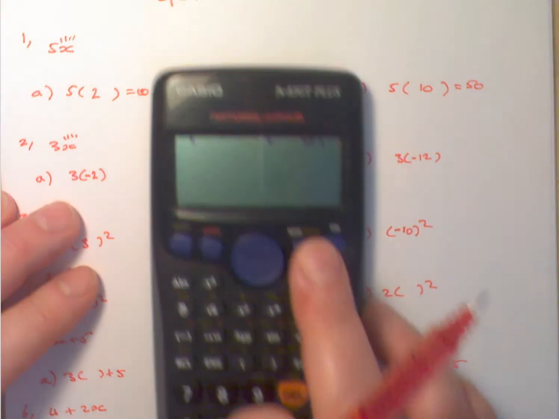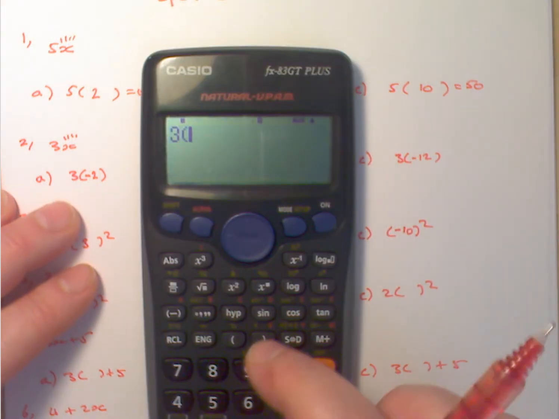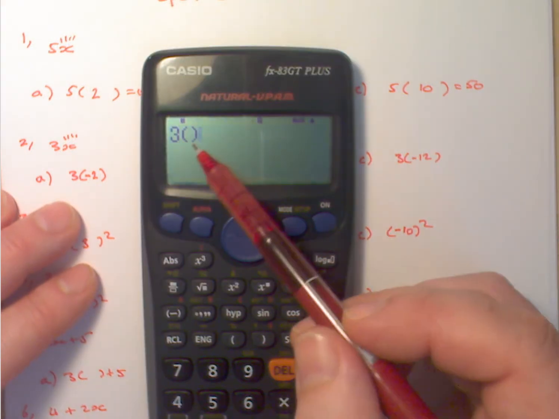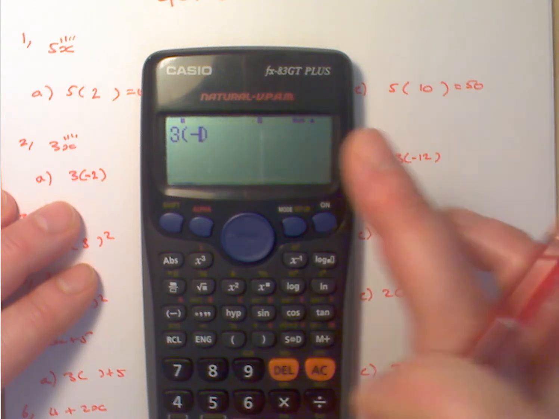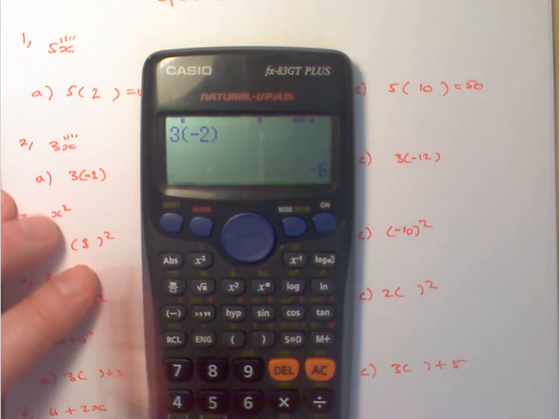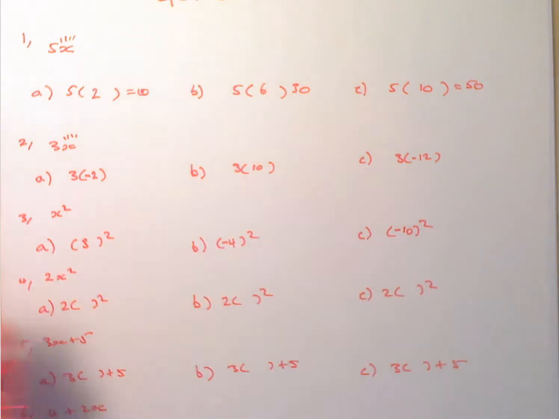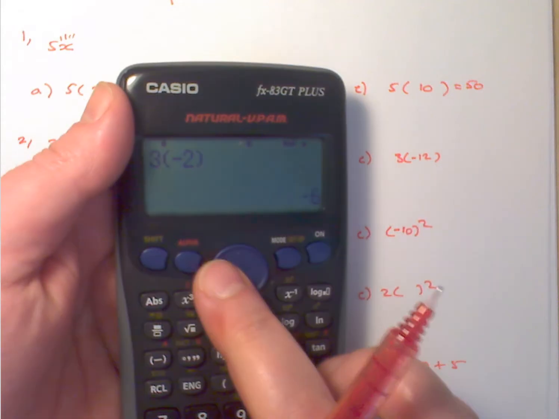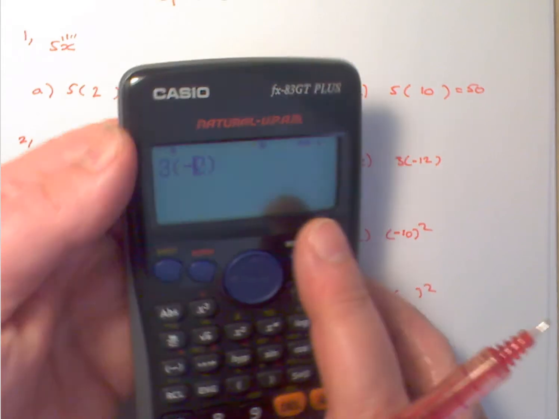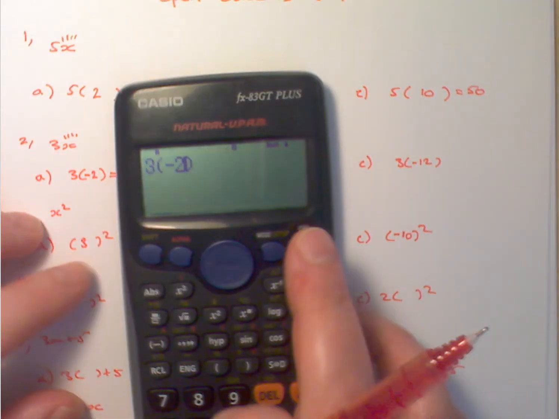So here I'm substituting 3, the x I've replaced with open brackets, and now I'm just going to put in my numbers, -2, so that's -6. And I'm going to scroll back up the top here and change that to the next number, which is just 10.